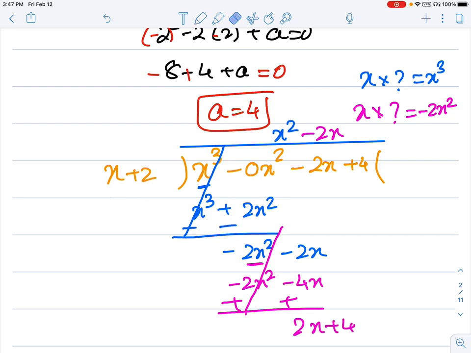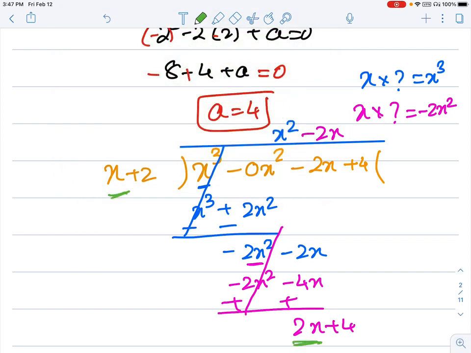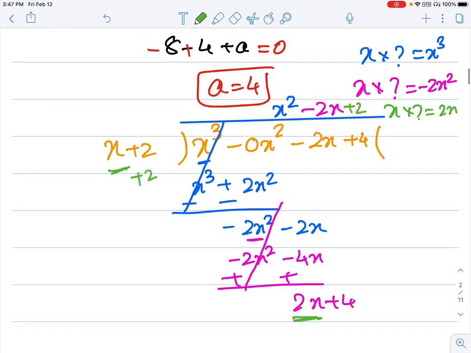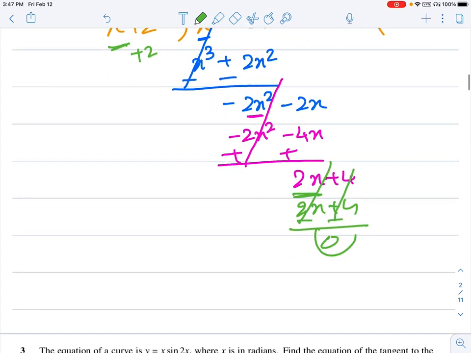Next, x should be multiplied with what to get 2x? It should be positive 2. So plus 2, it becomes 2x plus 4. It becomes 0. So therefore, the other quadratic factor is x square minus 2x plus 2. That's going to be the answer.